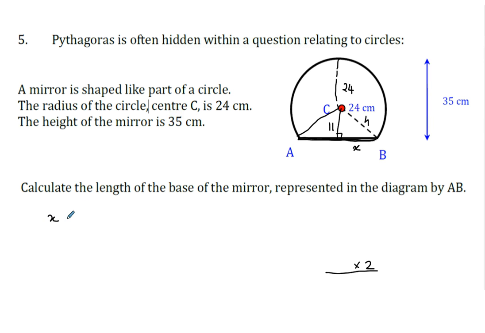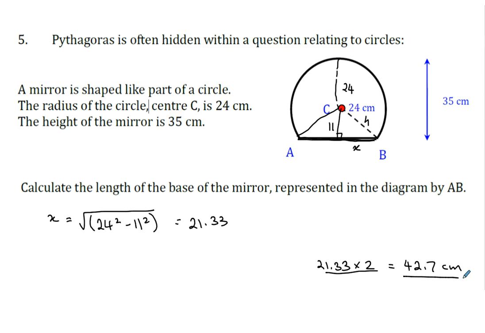Okay, so x equals, we're finding a shorter side, so 24 squared minus 11 squared, and we get 21.33. Okay, we stick it in there, and out comes your answer. And again, if you want it to 3 significant figures, 42.7 centimeters.